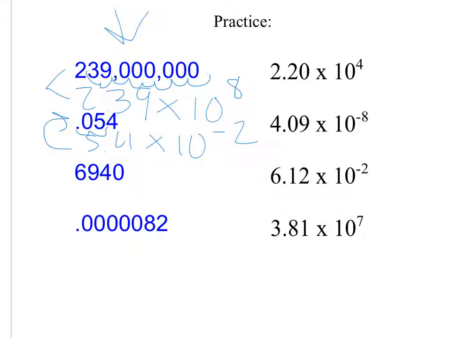2 there. And now our next example, 6,940. Our coefficient is going to be 6.94. And then we move our decimal place, 10 to the 3 because our coefficient is smaller than the standard number.